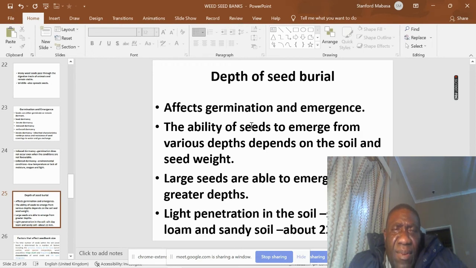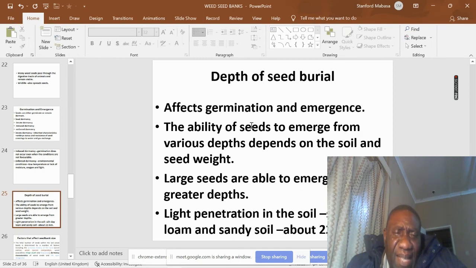Now, let us look at the effect of depth of seed burial. This can affect the germination and emergence. The ability of seeds to emerge from various depths depends on the soil and the seed weight, or probably seed size.